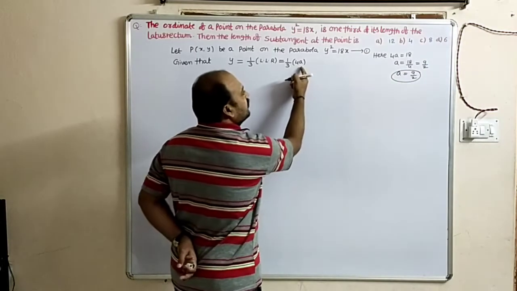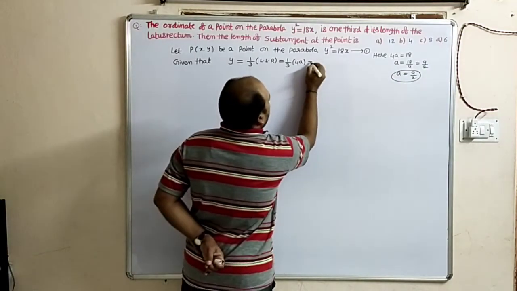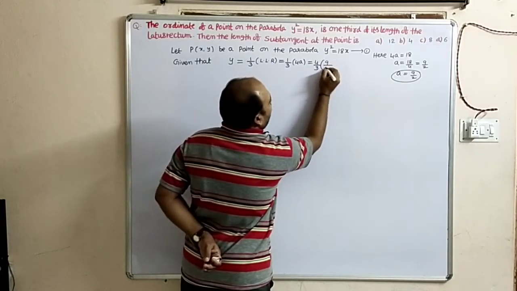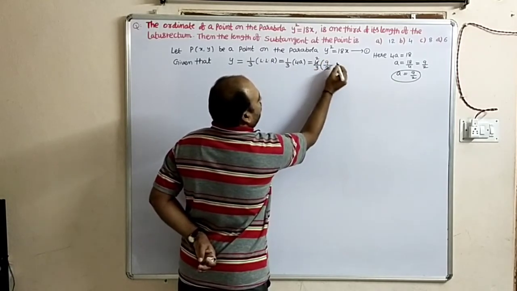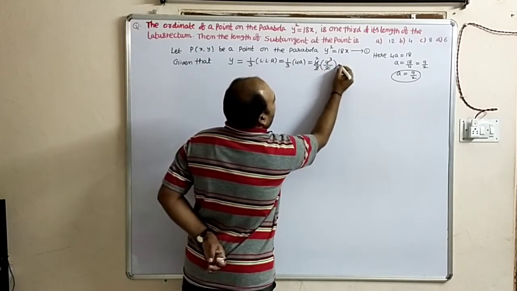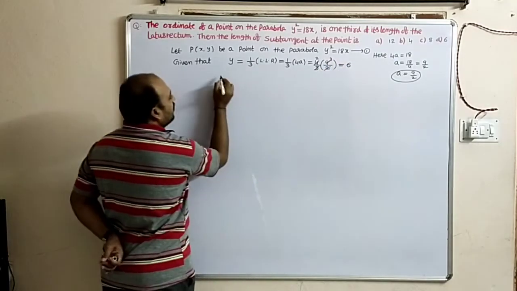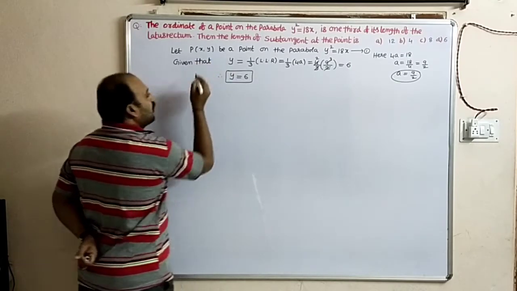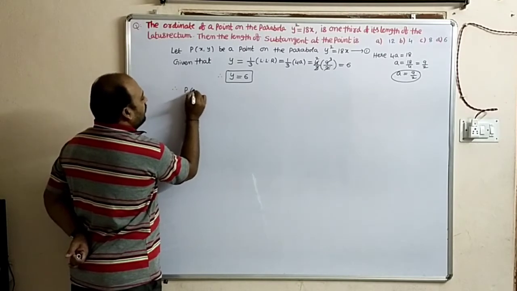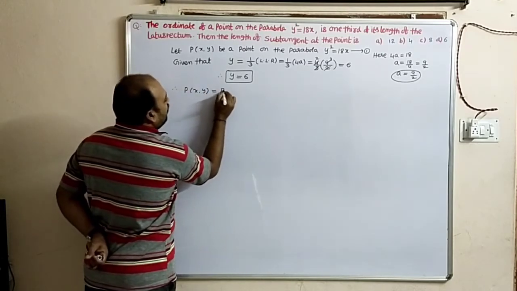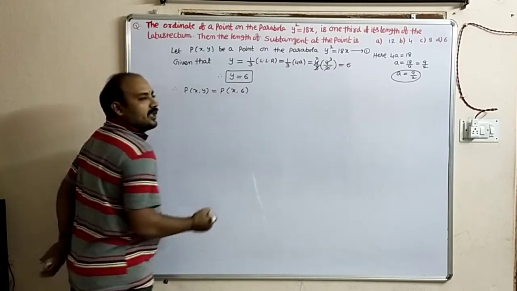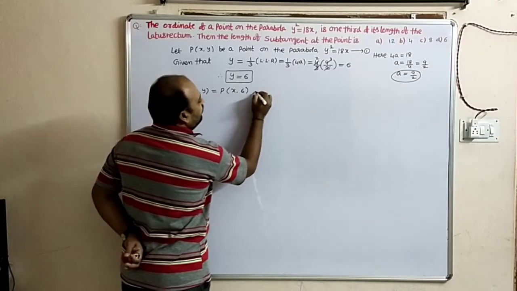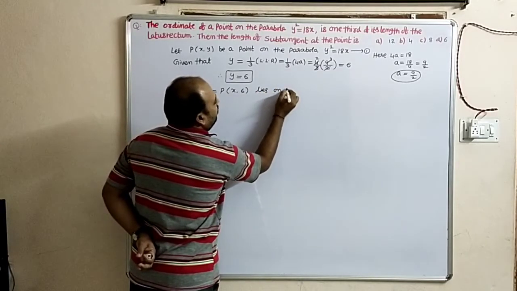Substitute this a value here, therefore we will get 4 by 3 into, in place of a, 9 by 2. 2 ones are 2, 2 twos are 4, 3 ones are 3, 3 threes are 9, which is equal to 6. Therefore, the y coordinate equals 6. So the point becomes P of x comma 6. This point P lies on this parabola, so put x comma y in equation 1.